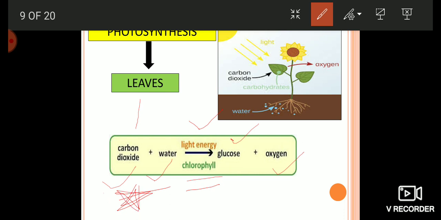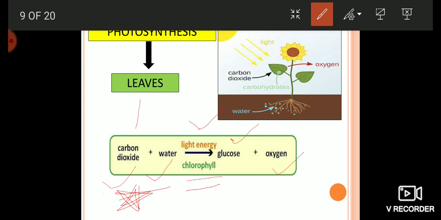On the surface of leaves there are very tiny pores or tiny openings. They are called stomata. These stomata help leaves to absorb carbon dioxide from the air.